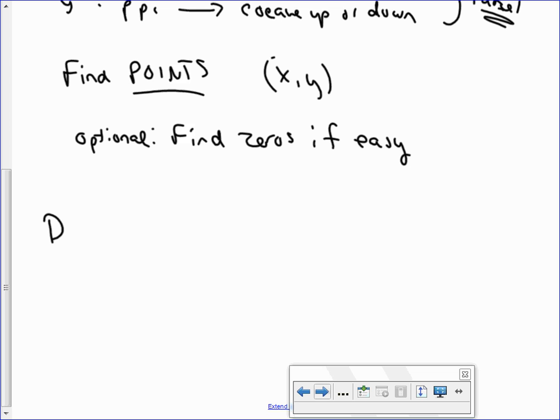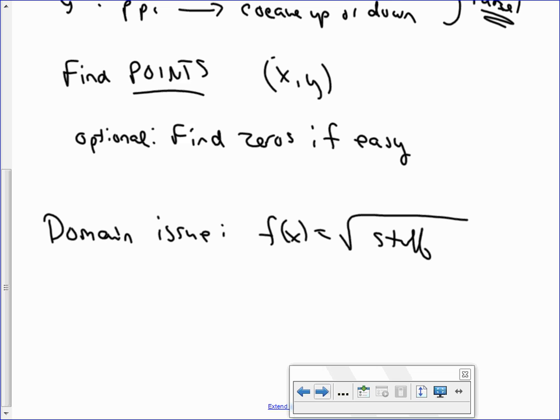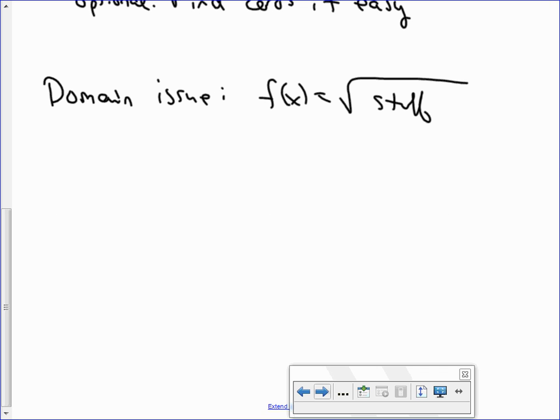One other little comment about domain. One of the domain issues would be if you have a function that's the square root of some stuff up underneath there, then when you're dealing with the domain of that, you would take the stuff that's under the radical, it's called the radicand, and make it greater than or equal to 0.